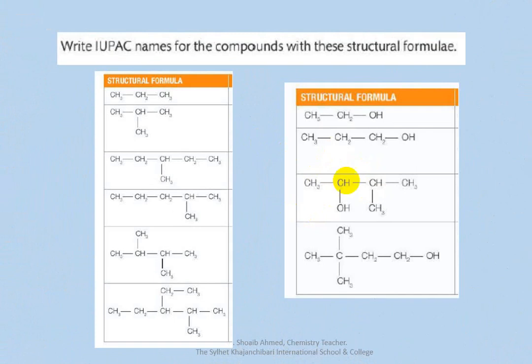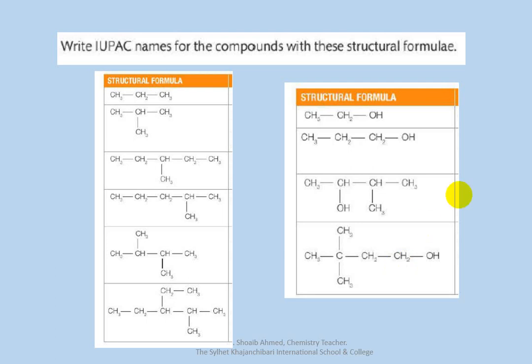Okay, what is the name of this compound? Look. I will give numbering from here, 1, 2, 3, 4. Numbering from the start, from the functional group. What is the name of this compound? Propan-1-ol or pentanol 1. Okay.